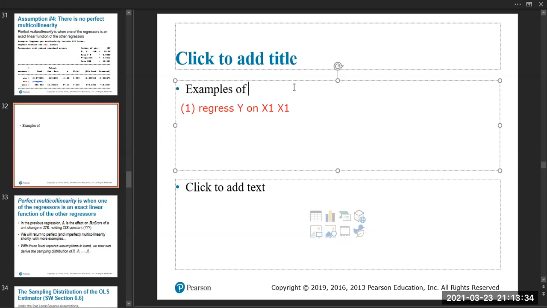Examples of multicollinearity, or perfect multicollinearity. Okay. Example 2.